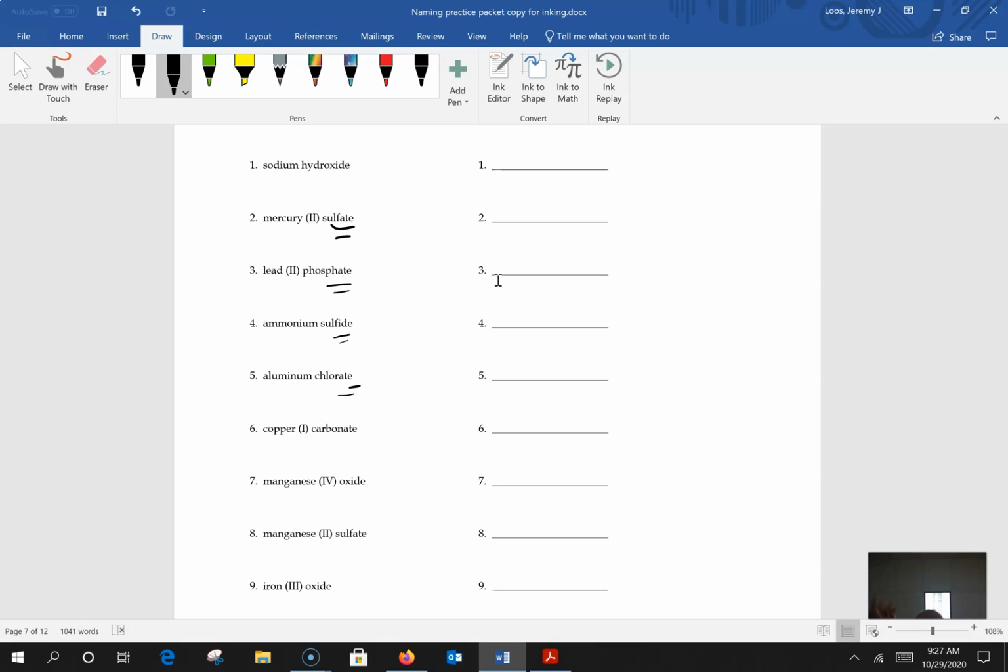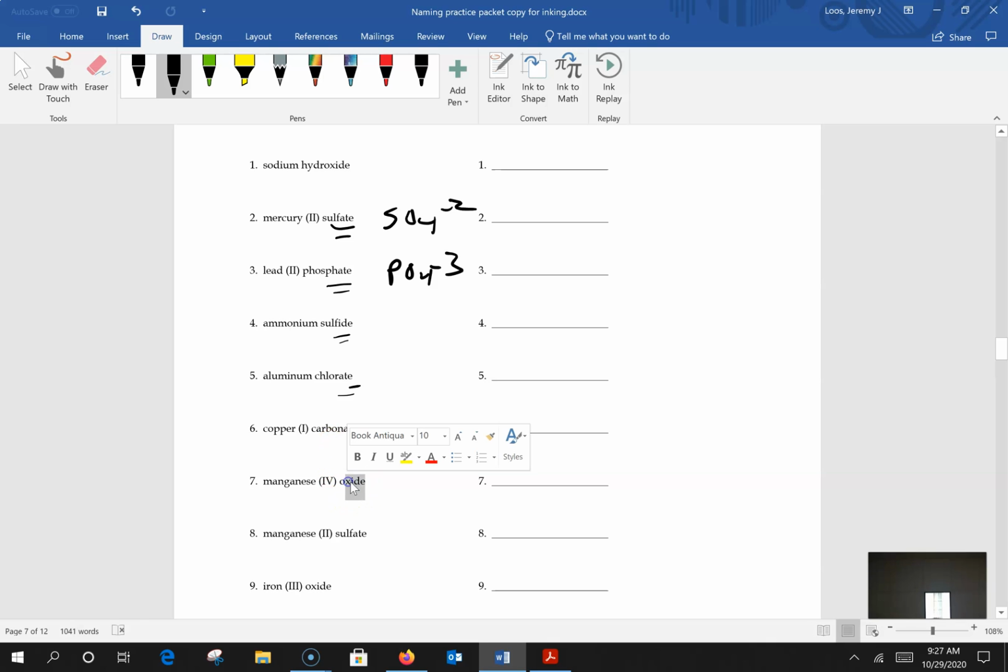If it ends in ate, it is definitely a polyatomic ion. So sulfate is the polyatomic ion SO4 minus 2. And so sulfate is a polyatomic ion, phosphate is a polyatomic ion, and you just have to have your polyatomic ion sheet to know what these formulas are, or have memorized them like I have. Chlorate, that's another polyatomic ion.